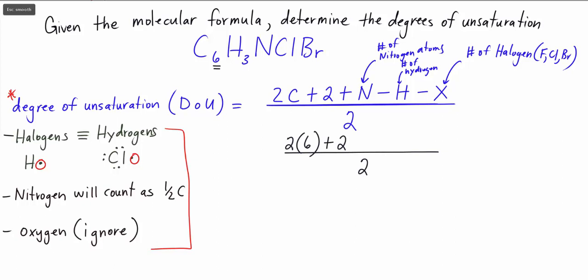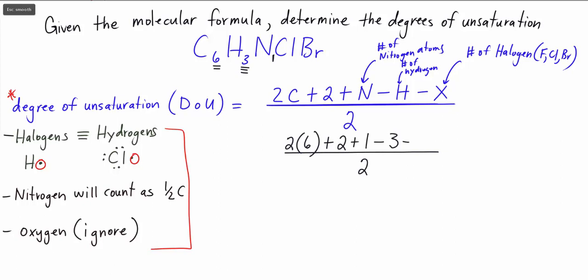So that covers a saturated alkane. That's where we get that formula from. Now since nitrogen is counted as half a carbon, we will only add 1 to that formula. So we have 1 nitrogen, so we will add 1. And we want to subtract off the number of hydrogen, which we have 3 here.